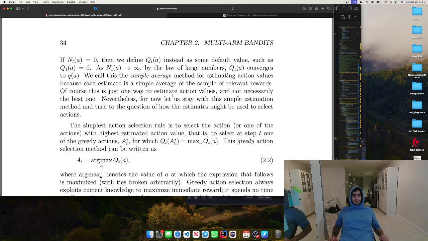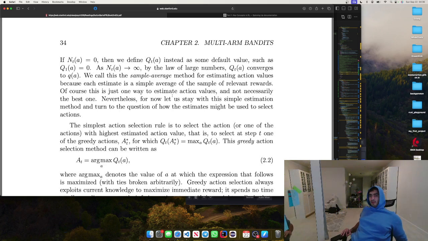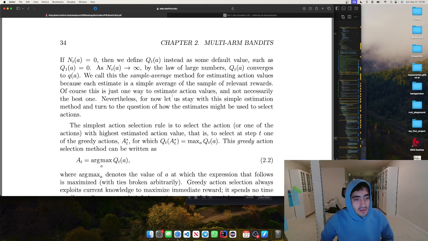Of course, this is just one way to estimate action values and not necessarily the best one. Nevertheless, for now, let us stay with this simple estimation method and turn to the question of how the estimates might be used to select actions.